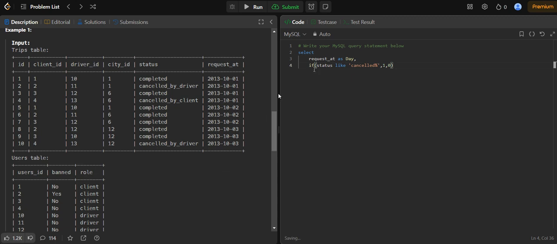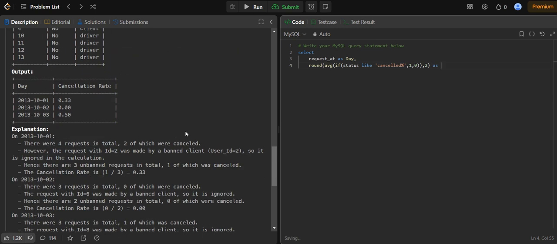Then I'm going to take the average of all of this. Then I am going to put the round here because I need to show the output rounded to 2 decimal places. So this is my final output as my cancellation rate.